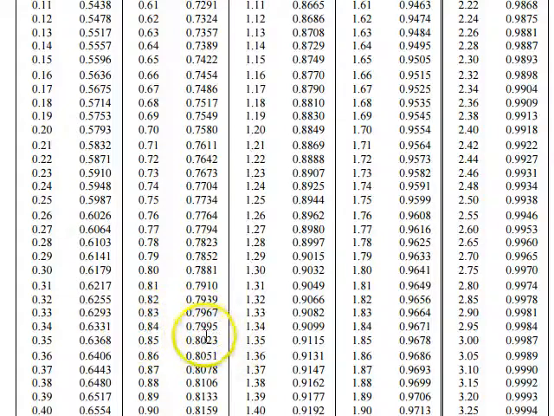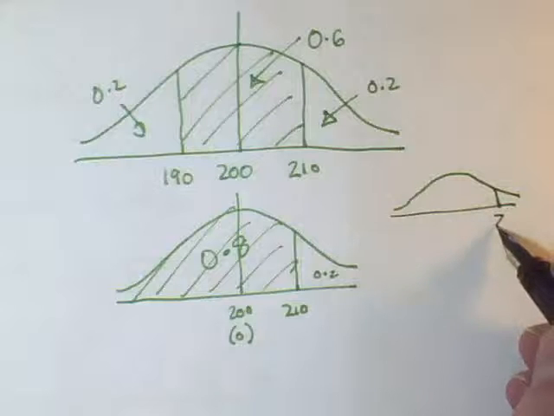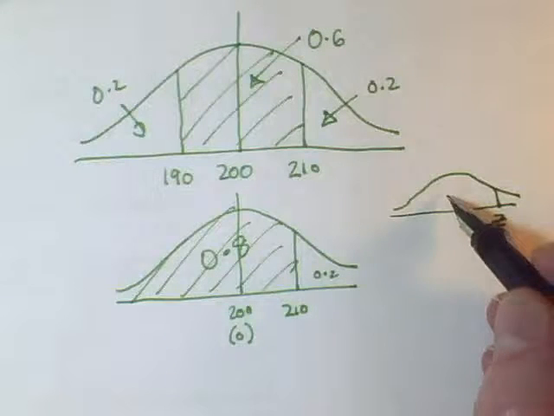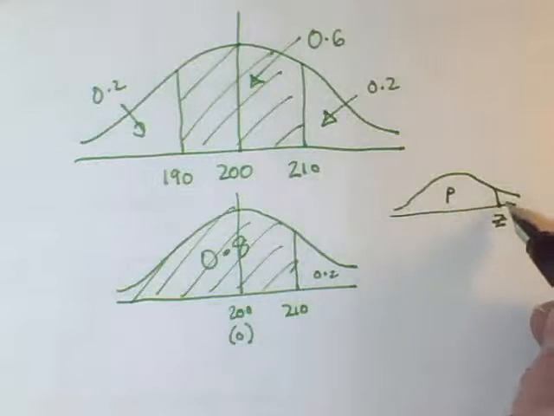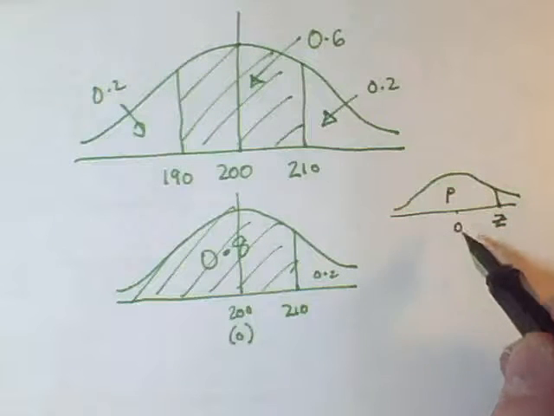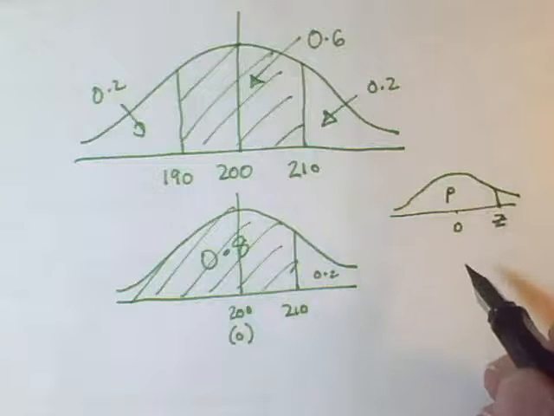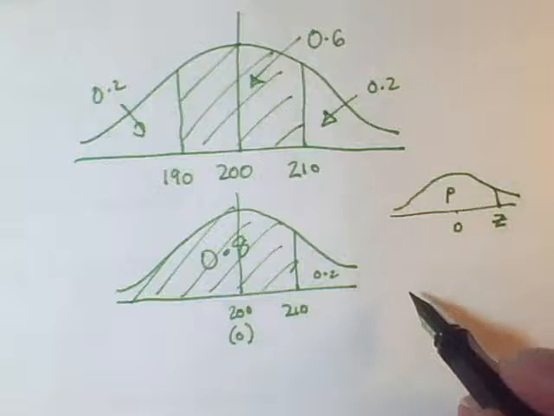Unfortunately, we need the exact Z value. So this table here works with, I'll show you on paper, a Z value here, and then the P value, the probability to the left of that Z, and this is always a positive Z. Unfortunately, if we've got a P value like 0.8 and it isn't appearing in the body of the table, we might have to use the other version of the table.